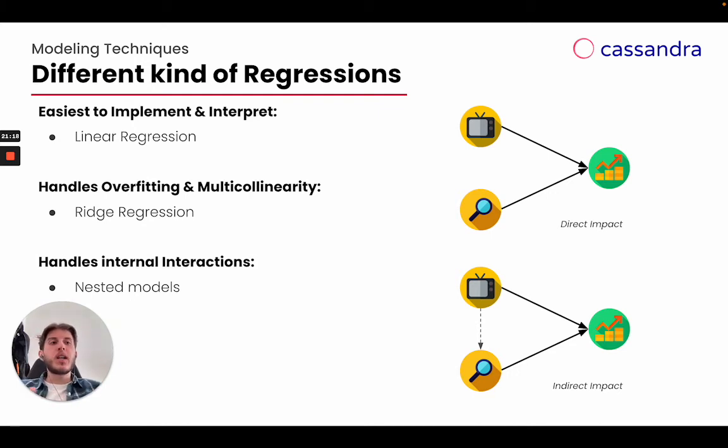And so you will basically be modeling the indirect impact on search provided by TV, or maybe other actions that you may do, like events and stuff like that. So you do this submodel first, and then you input the data of this submodel to the main model in order for it to both handle direct and indirect impact.